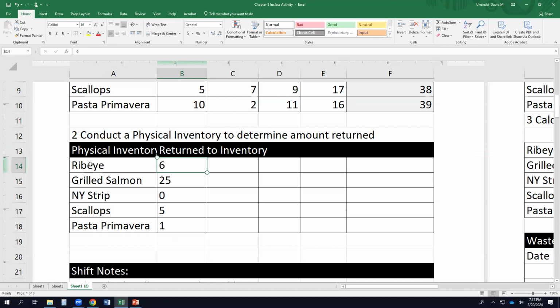They're not going to leave it on the line. They have to clean up their station. So they're going to take those 6 ribeyes, and then no New York strips, the grilled salmons, and the scallops, put it back in the walk-in cooler, and count how many they have on hand. Questions, comments, concerns so far?